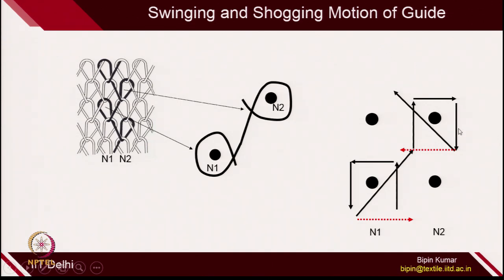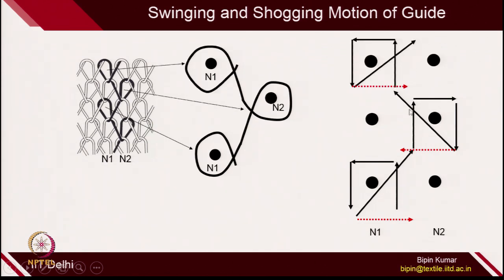Since we are changing the course in vertical direction, just to express that the guide bar will be starting from this position, I am showing that the guide bar is standing here, since I have to make a loop in this particular course. So, here is the position of the guide. After reaching this position, it again makes the loop, and this is how the sequence has been done.